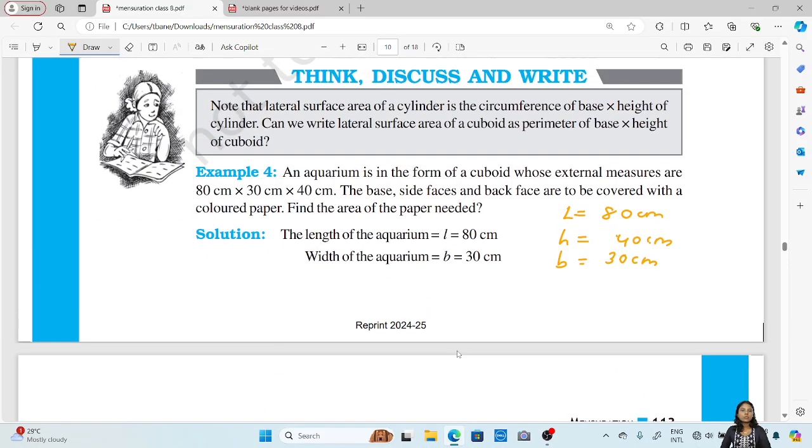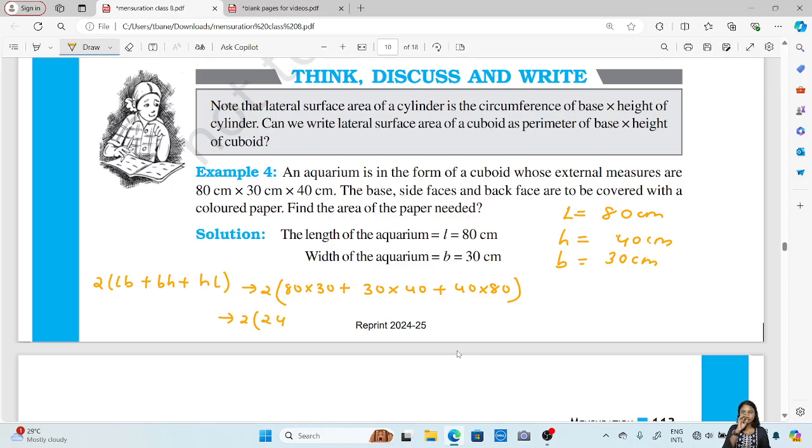So now what we are going to do here is that we know the formula. It is 2 length into breadth plus breadth into height plus height into length. So in this case 2 into length is 80 into breadth is 30 plus breadth is 30 into height is 40 plus height is 40 into length is 80.